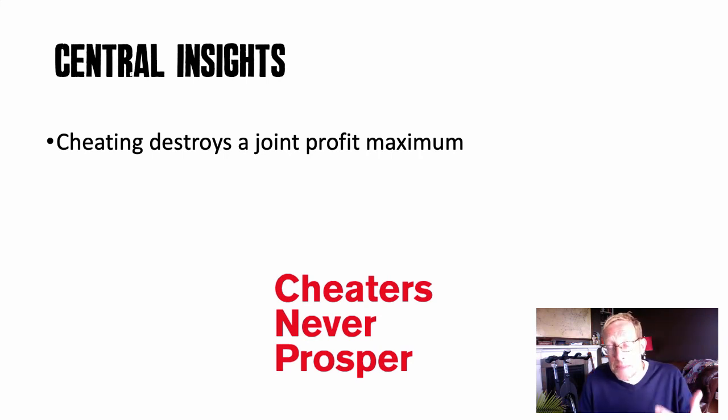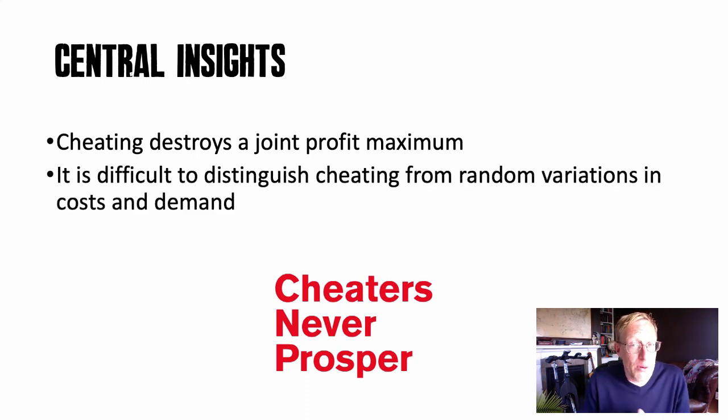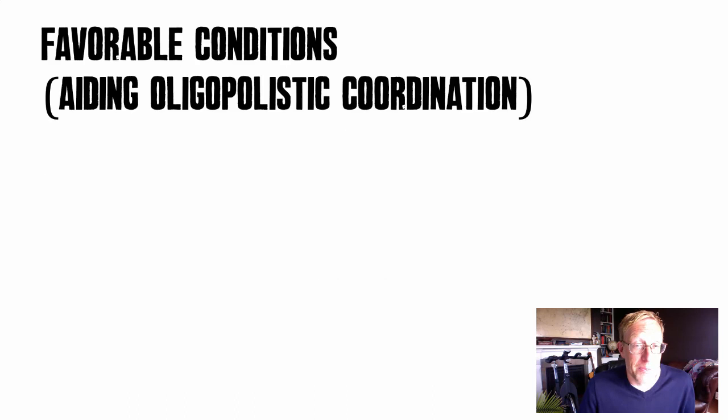So we have this inherent attitude that cheating is going to be better for me as an individual firm, even if it's not better for the group. But sometimes it can be very difficult to distinguish cheating from just random variations in the market and market conditions. So that makes identifying cartel behavior a little bit more difficult, and it makes organizing cartel behavior a lot more difficult.